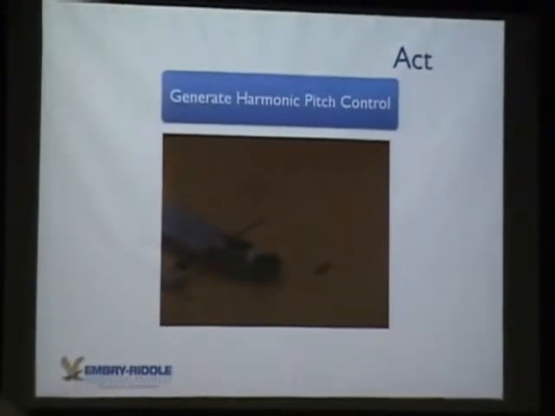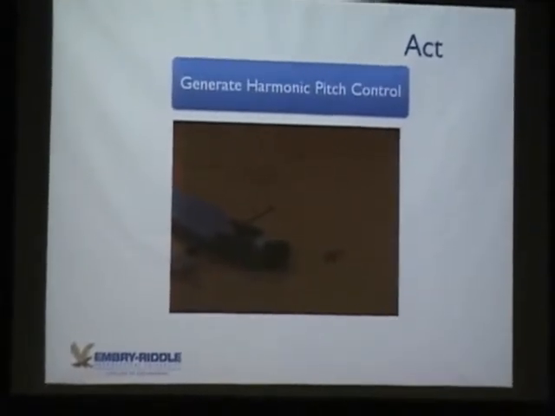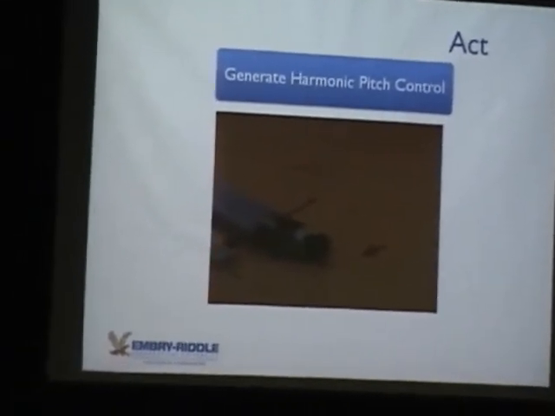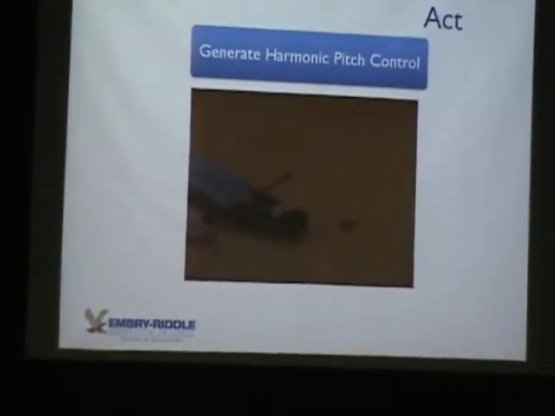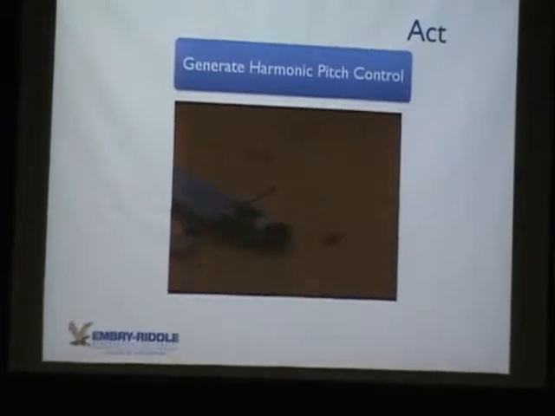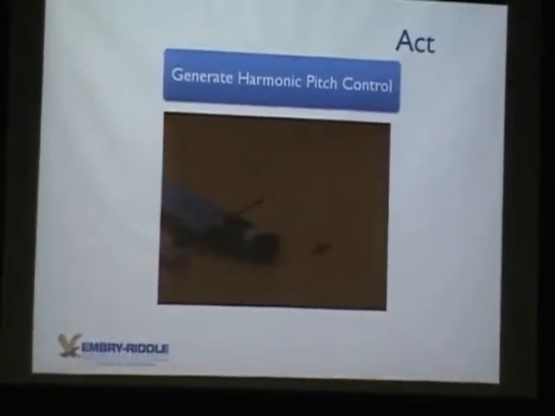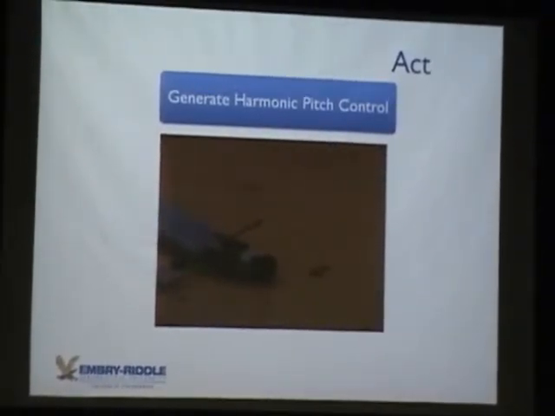Once we've seen that, we do some more processing to select a course, and then we generate time-based signals based on that reference to control the actuator flap, to actually move the vehicle.